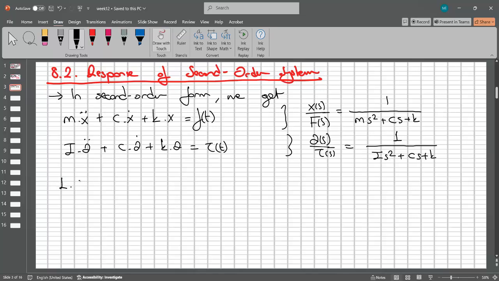Also, we can write the electrical system, right? LC times d²Vc/dt² plus RC times dVc/dt plus Vc, which is equal to what? The applied voltage.